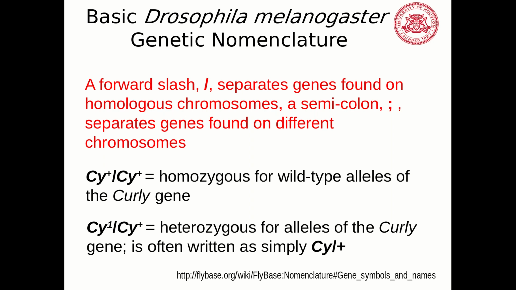So you have a heterozygote allele for the curly wing gene. You have two copies of the gene in your genome, one on each chromosome. One of the two is this Cy1, and the other is the wild type, the one that's common in the fly.